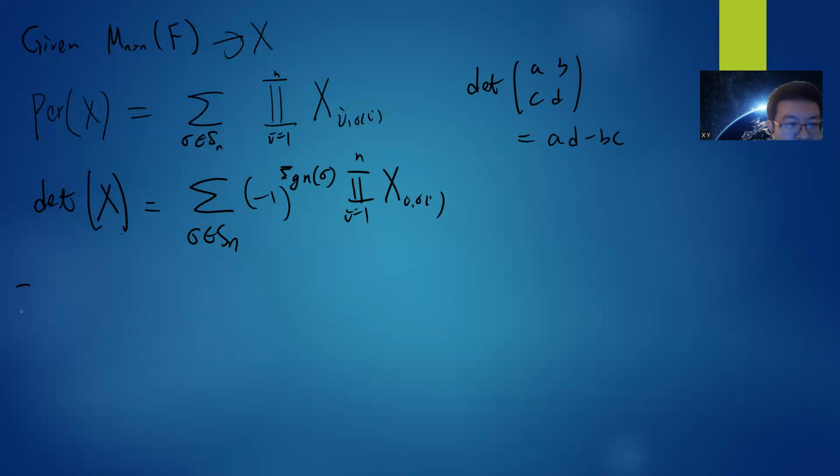So a very simple way to explain the permanent is that the permanent is the determinant without the minus sign.